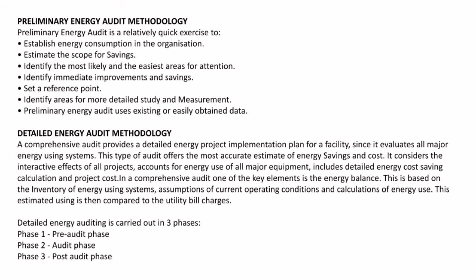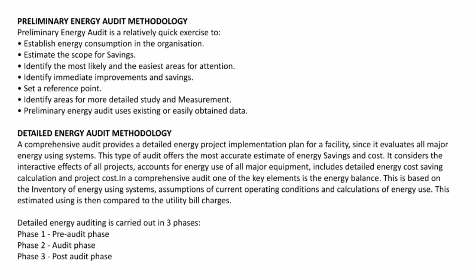Initially, all the data will be collected for that particular area with precise values, and then using those data, the estimated energy, cost, or savings is produced using the detailed energy audit.